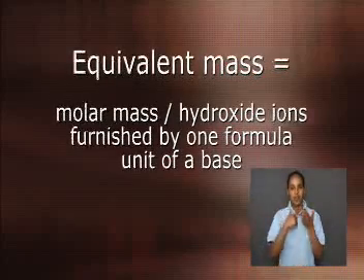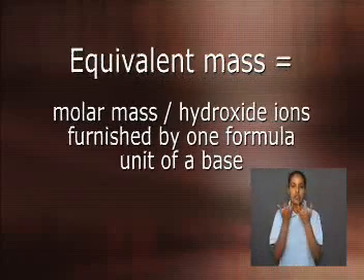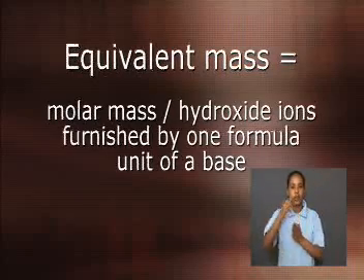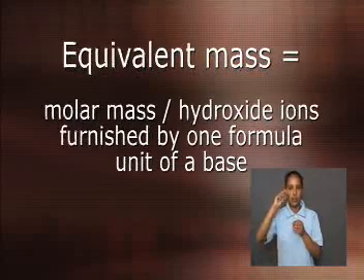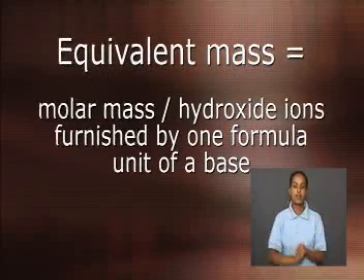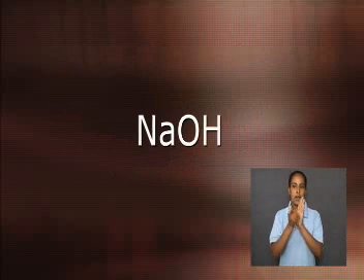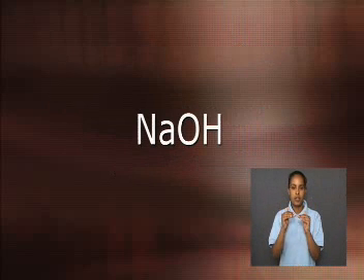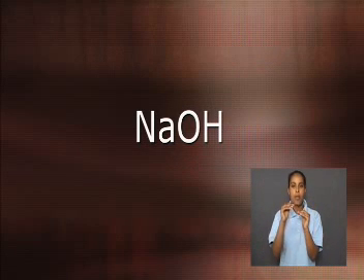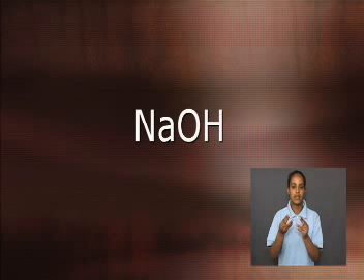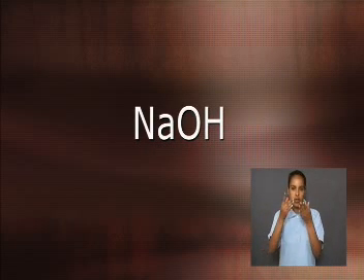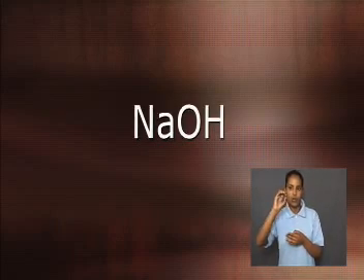It can also be determined by dividing their molar mass by the number of hydrogen plus ions with which one formula unit of the base reacts. For example, the equivalent mass of sodium hydroxide is equal to its molar mass. This is because 1 mole only furnishes 1 mole of hydroxide ions.